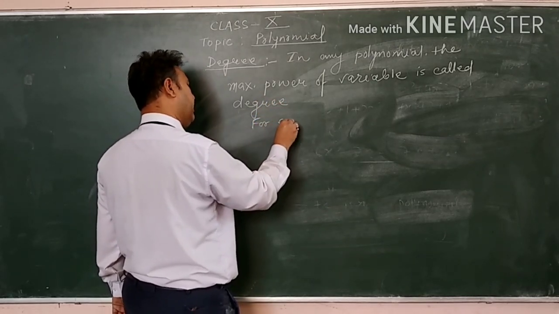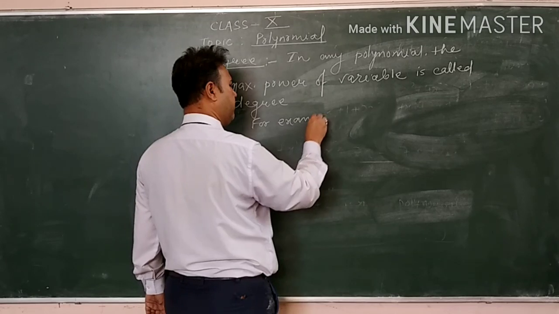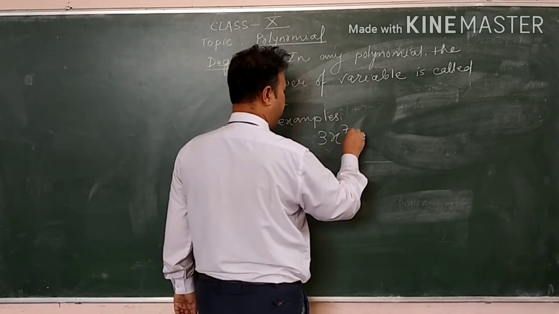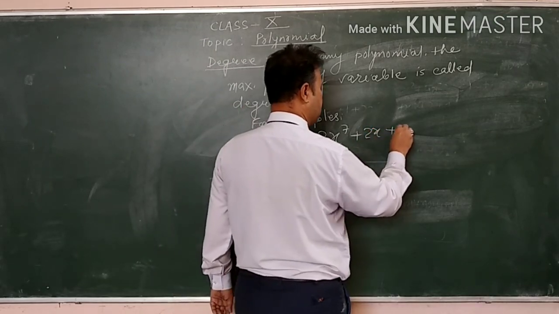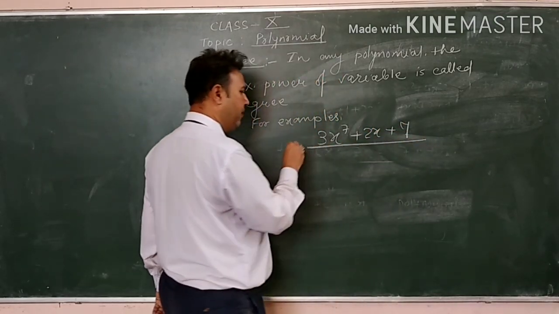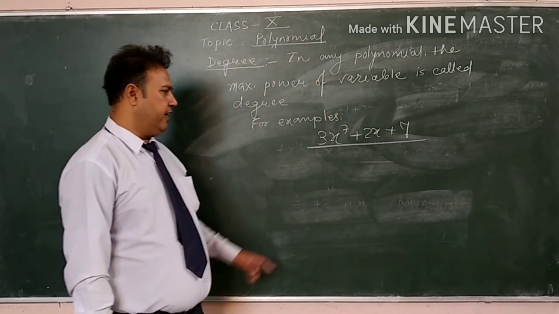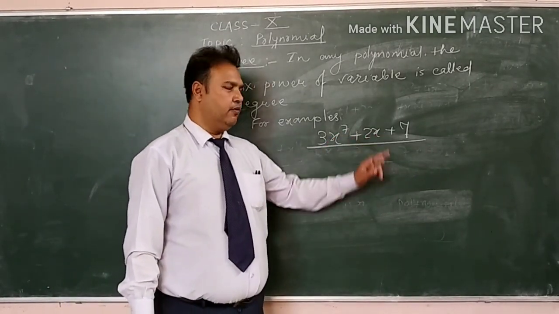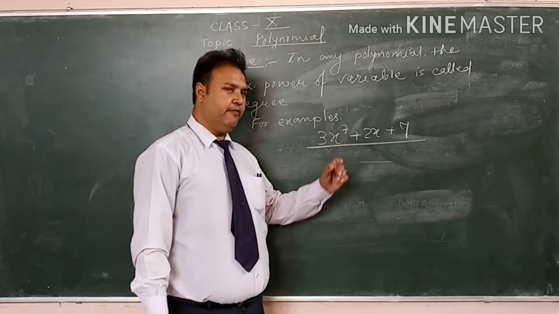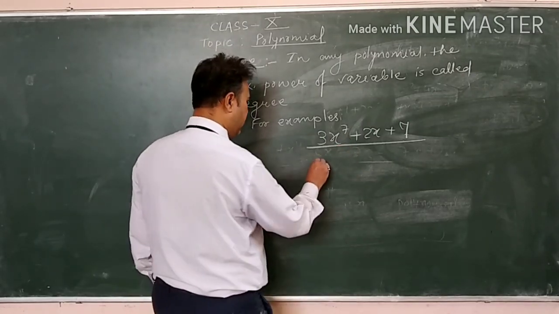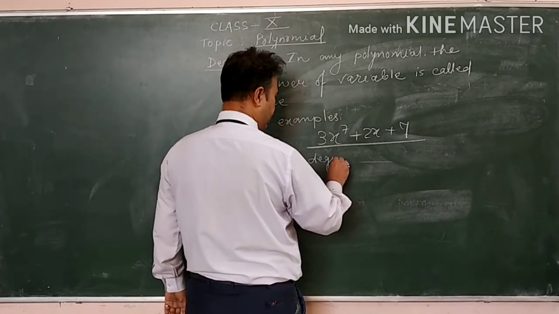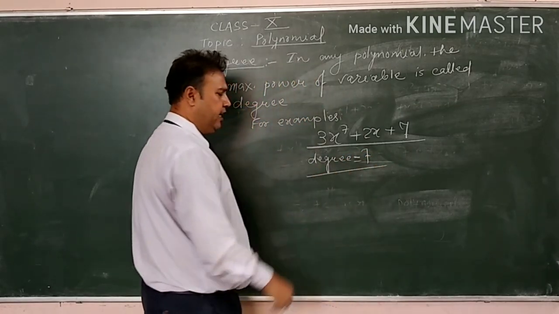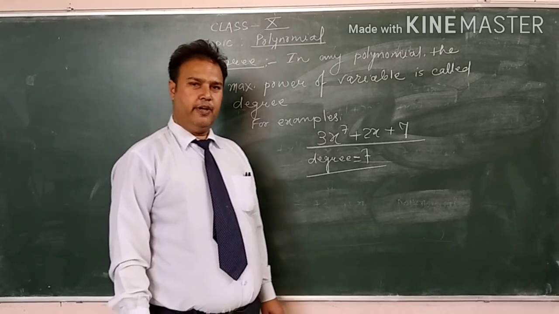For example, 3x to the power 7, 2x plus 7. How many terms? 3. The variable is x. Powers of x are 7 and 1. Which one is greater? 7. So what will be the degree? The degree is 7. Clear? What is degree? The maximum power of the variable.